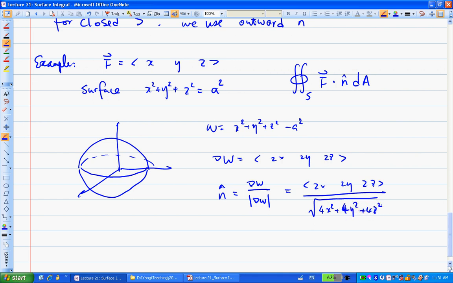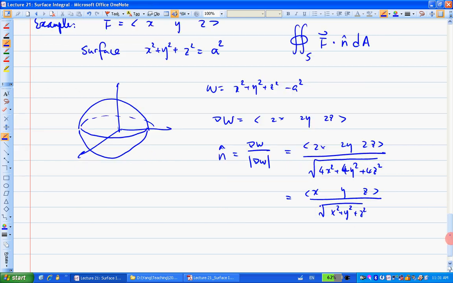There's a common factor 4 that you take out, and the square root of 4 is 2, so the 2s cancel. This gives x, y, z over the square root of x squared plus y squared plus z squared.